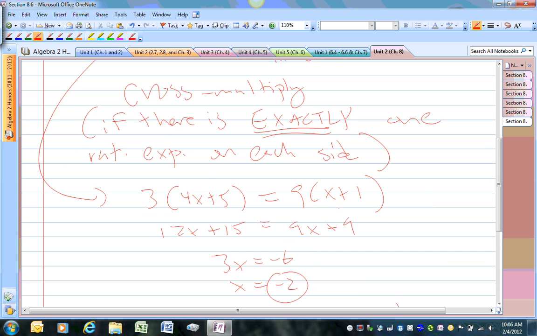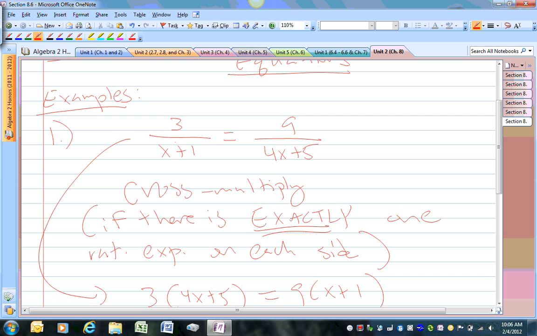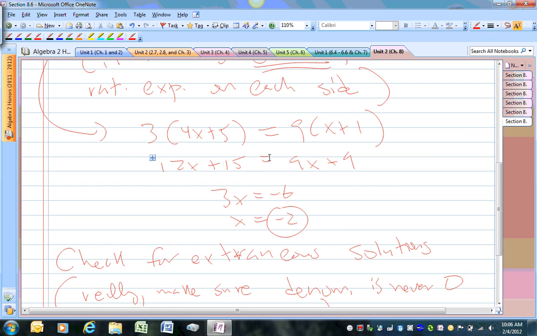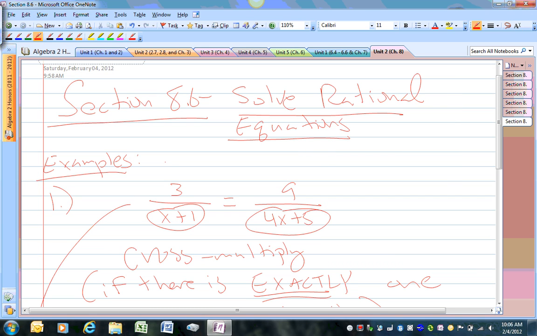So if I go back, if I plug -2 into here, that's cool. Plug -2 in there, that's cool. So -2 is our final answer. And by the way, the instructions were to solve, not simplify or do anything else. And this was example 1 on page 589.